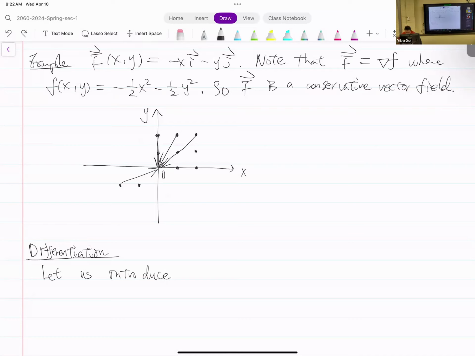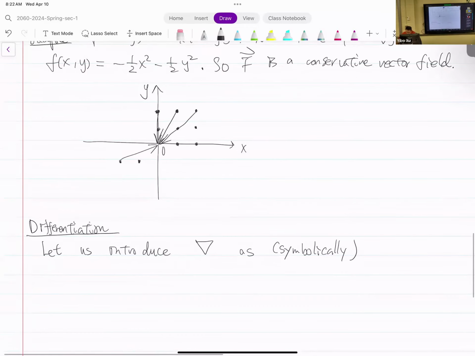So let us introduce nabla, symbolically speaking. Nabla here we define to be the following vector. Well, it's a vector operation in the sense that it will give you a vector as the output.